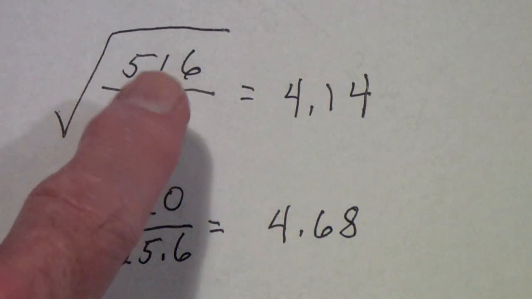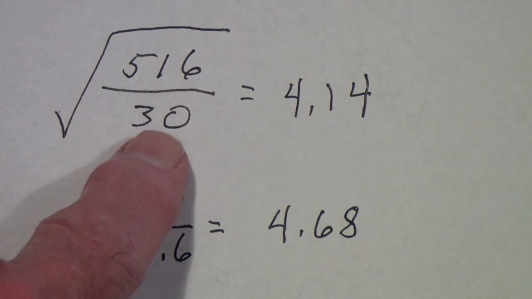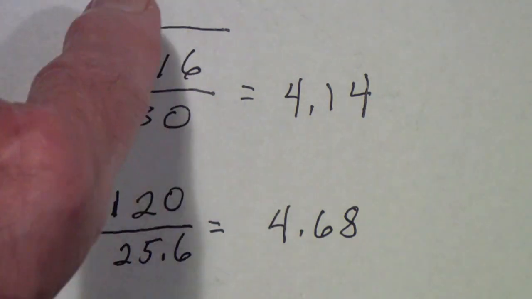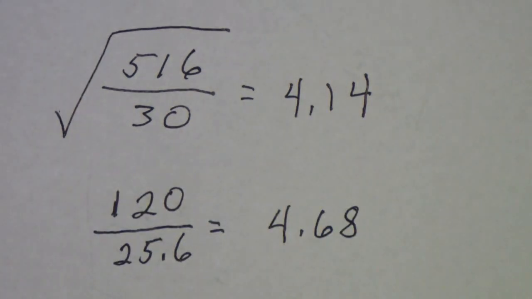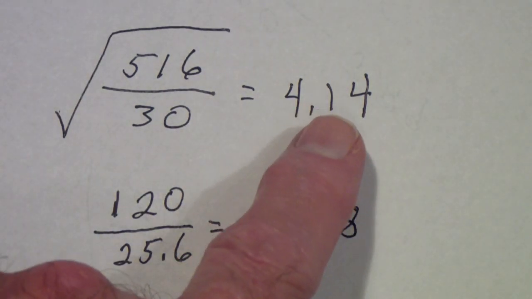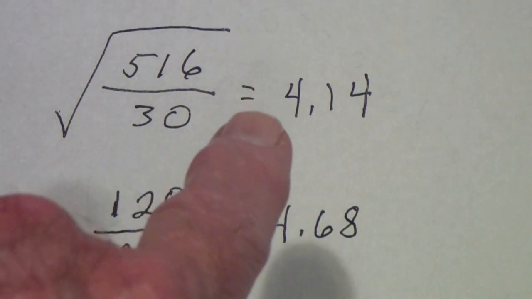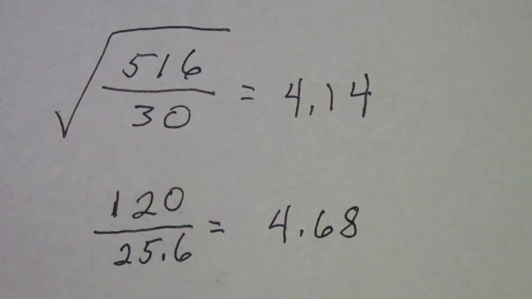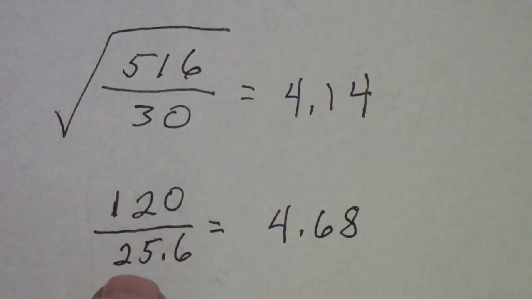So now let's do some calculations. What I've done is I have divided the inductance of the secondary by the inductance of the primary. And then I took the square root of that ratio, and I get about 4.14. This is the turns ratio of the transformer. In other words, the turns ratio is approximately equal to the square root of the inductance ratio. Now, we know this is a 120 volt transformer, and it's supposed to produce about 25.6 volts.